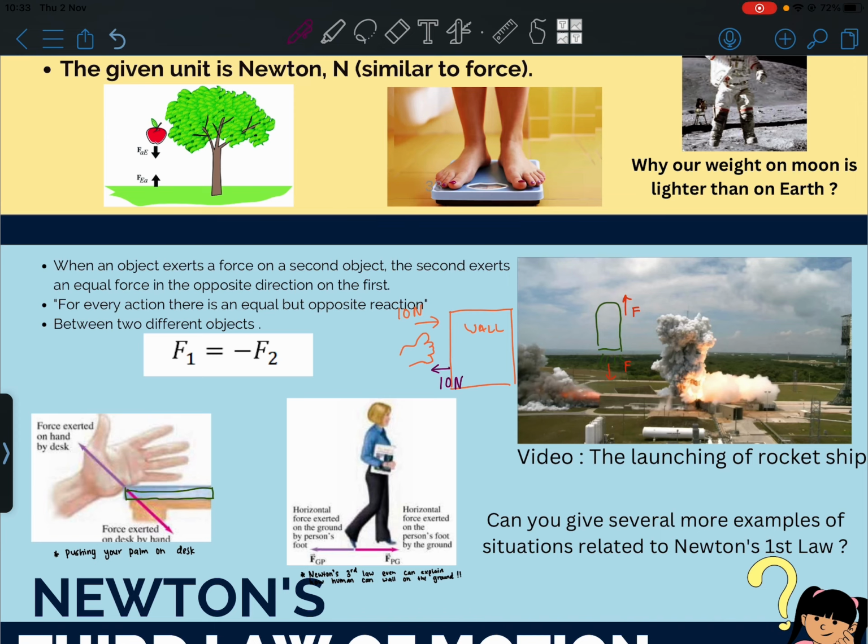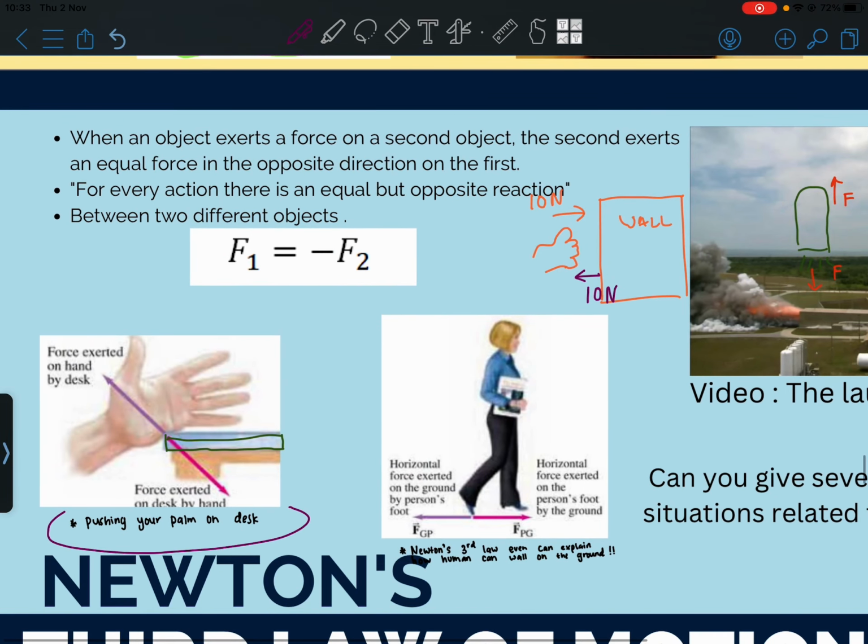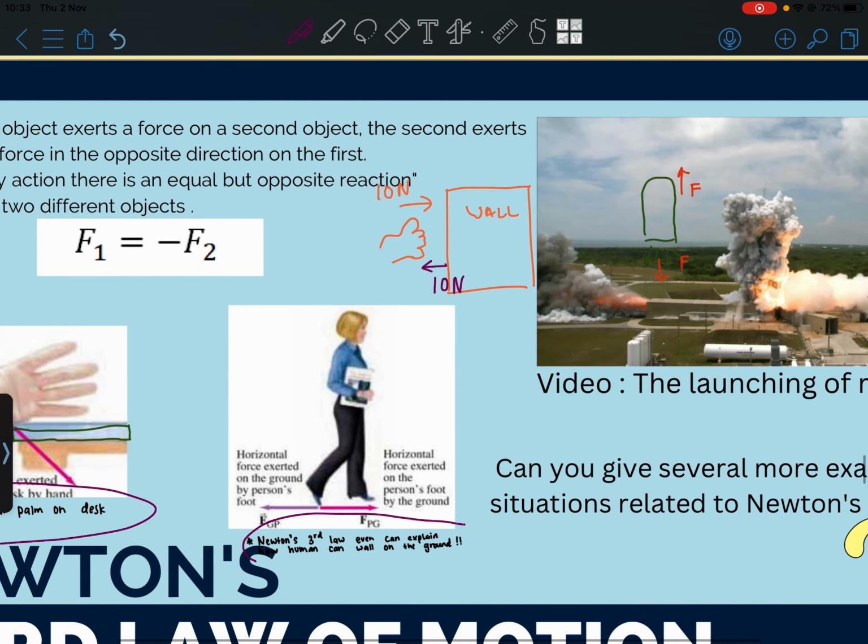You can read over here when you push your hand. The same when you punch the wall, the wall will apply a force back on you. And when we are walking, you can see there is an action of opposite force. The third Newton's law applies. You can see over here FPG, the force exerted on the person's foot by the ground.